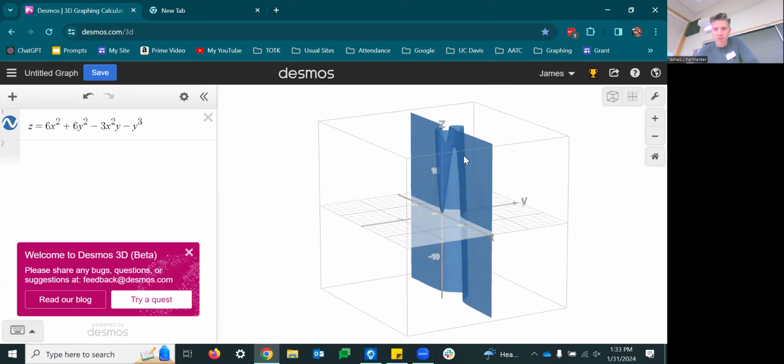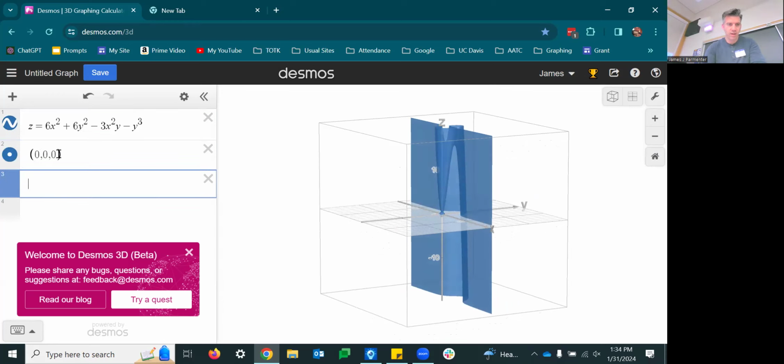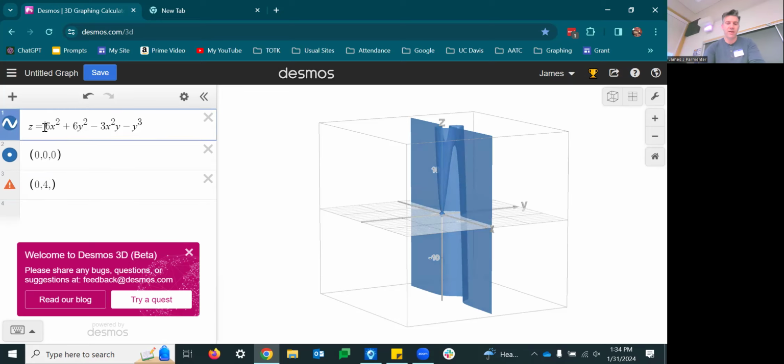You know what I should do? I should just plot the points. So obviously we can plot the point 0, 0, 0. And then we also can plot the point 0, 4. You know what we should do? I'm going to make this graph a little bit different.